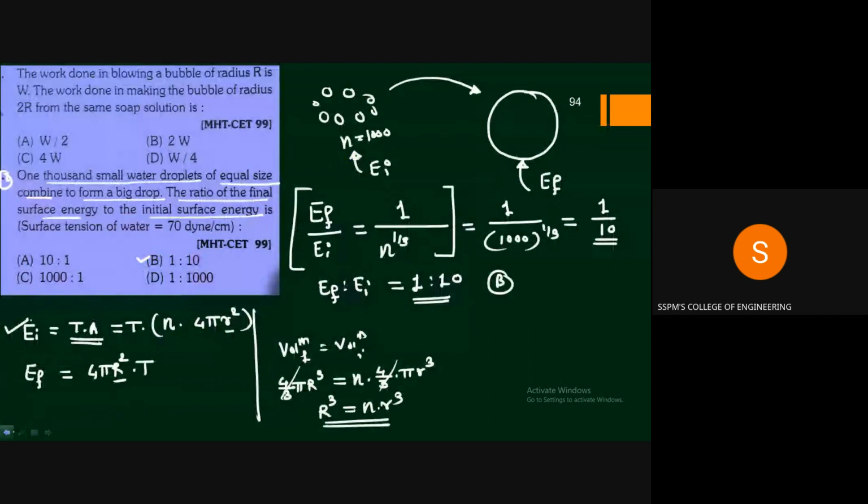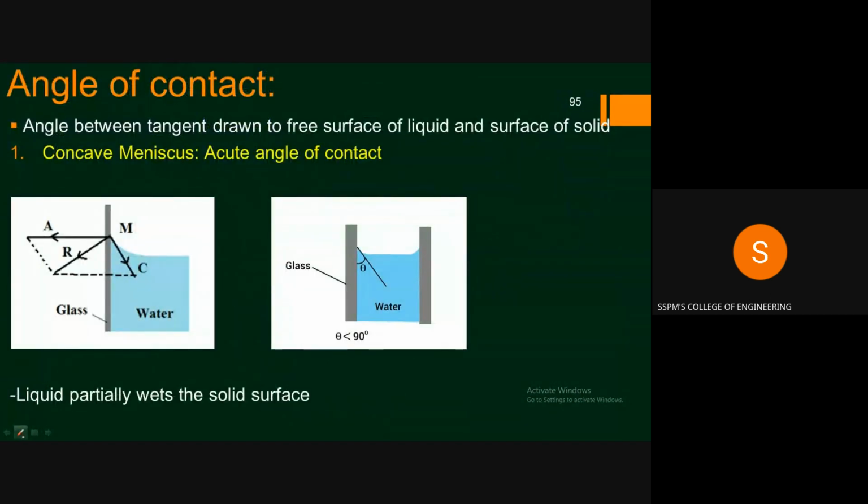Okay, so the problems that we have solved are basically on surface tension and surface energy. Now the next concept in chapter 2 is the angle of contact. Basically, the angle of contact is nothing but the angle between the tangent drawn to the free surface of the liquid and the surface of the solid.